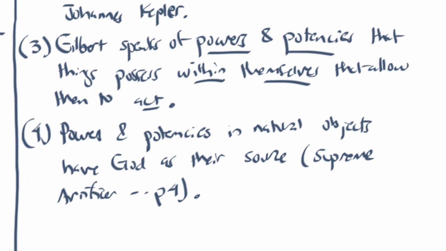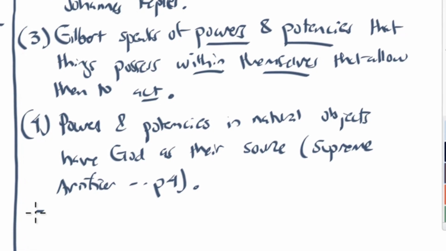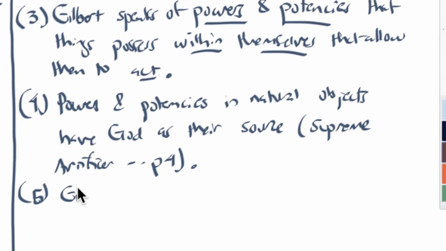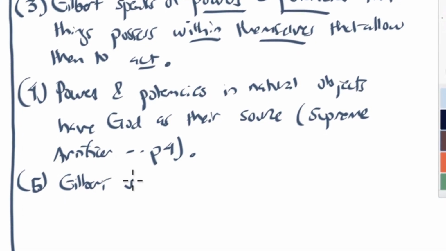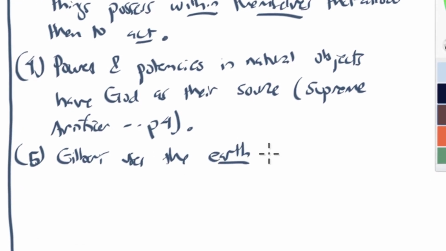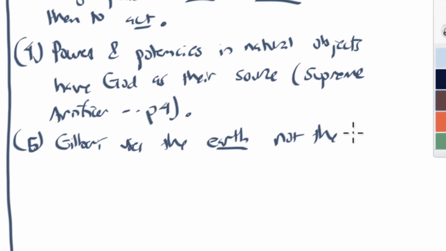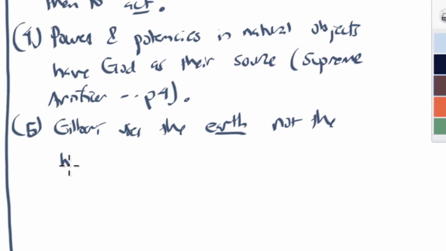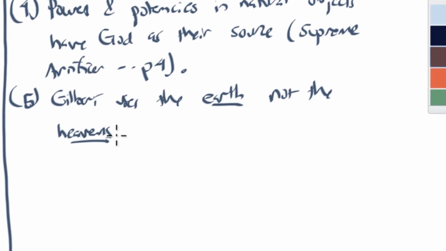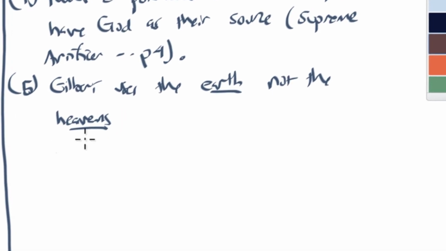Now also, as I mentioned before, Gilbert uses the earth, not the heavens or the things above the earth. Don't think about heavens like the place you go when you die, but the heavens is everything above the earth.